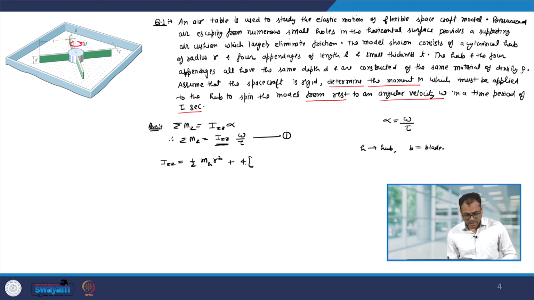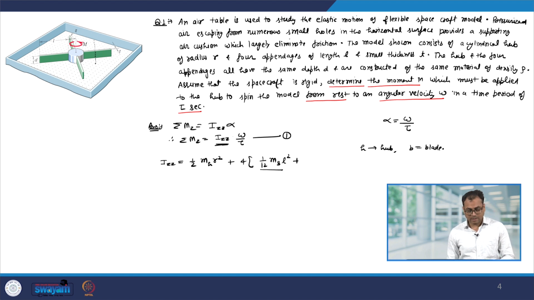So, 4, and let us say the blades are in the shape of the rod. So, that will be 1 by 12 m b, its length is L, so L square, plus this is the moment of inertia of this blade about an axis which is passing through the center.